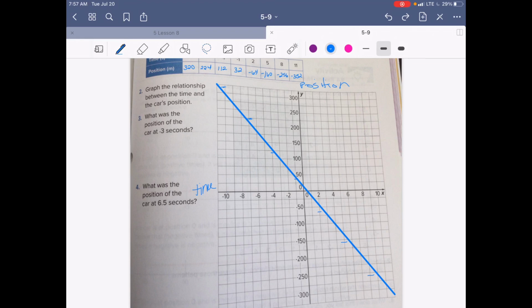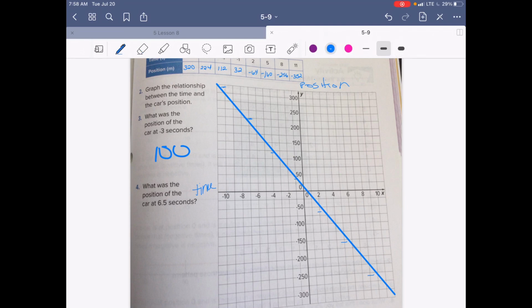All right, so -3 seconds. If we look at -3 seconds, which is right here, here's our -3. And that's going to be at roughly 100 meters. So let's erase that mark so we can look at the next one.